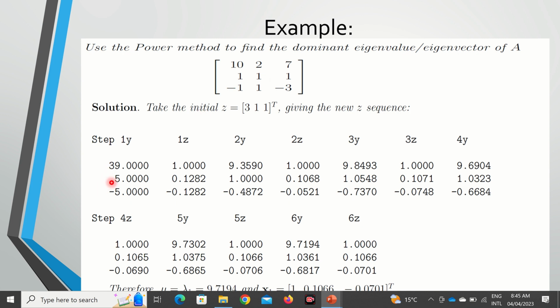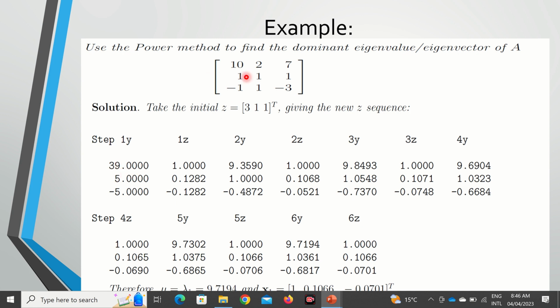That's basically y1. Don't be confused with 1y, 1z or something like that. This is y1 basically. And the other one is obviously z1, that will be the first approximation towards the eigenvector. And the third one is giving you minus 3 plus 1 and minus 3, which gives you minus 5. So that's the first product.